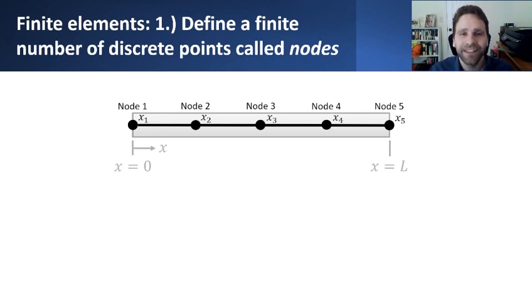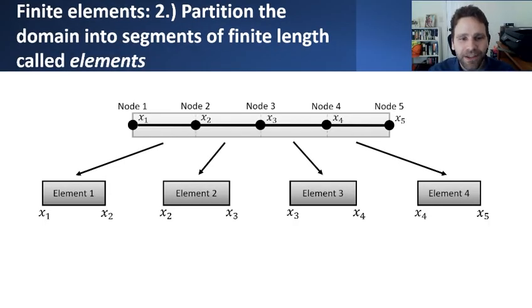So I define these discrete points in the domain, which terminate each one of these individual segments, and I call those discrete points nodes. In between these nodes, I define a finite number of elements. An element is really nothing more than some particular subdomain bounded by discrete nodes, as I've previously defined them.